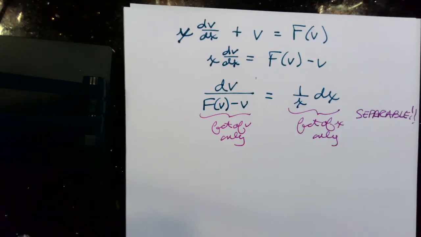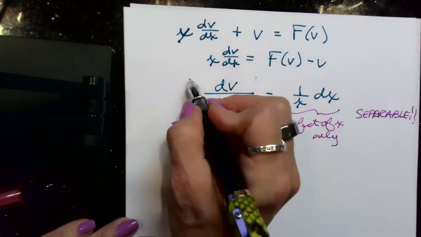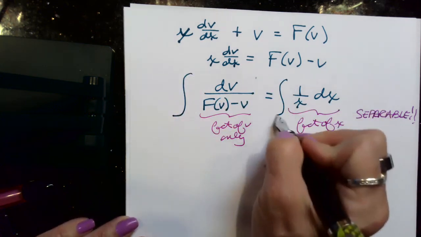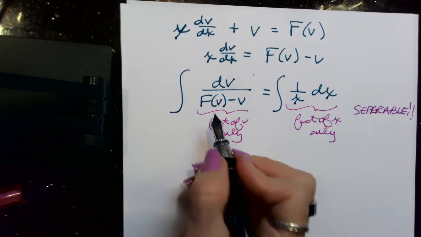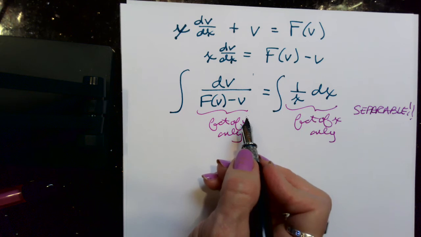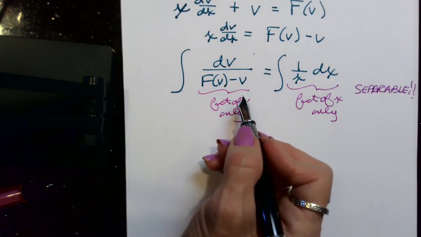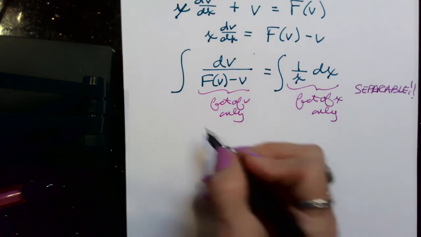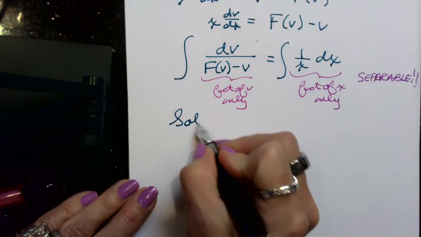It's separable, so we can solve that using our separation of variables trick. In principle, we can solve this by integrating on the left and integrating on the right, provided we get something we can integrate here. We just have to see if we get something we can integrate, work it out, and solve for v.